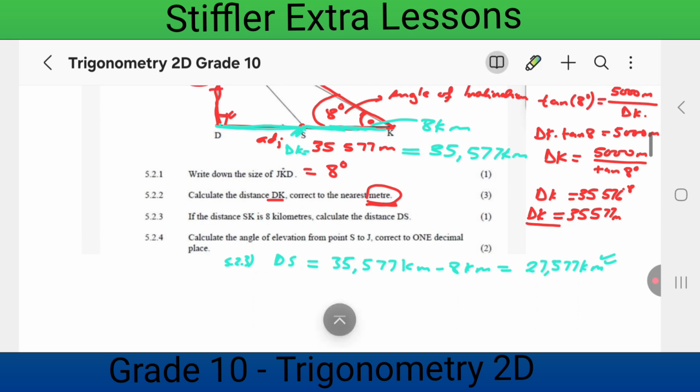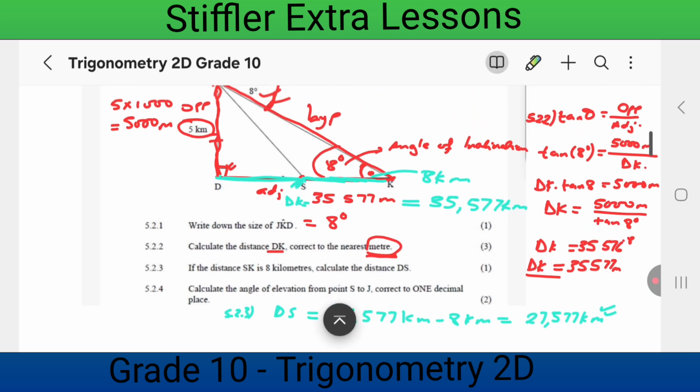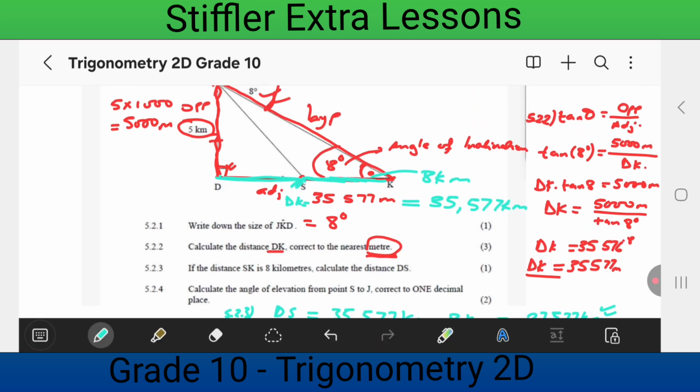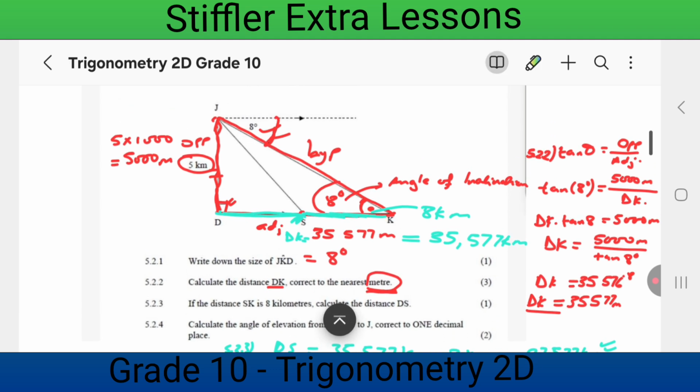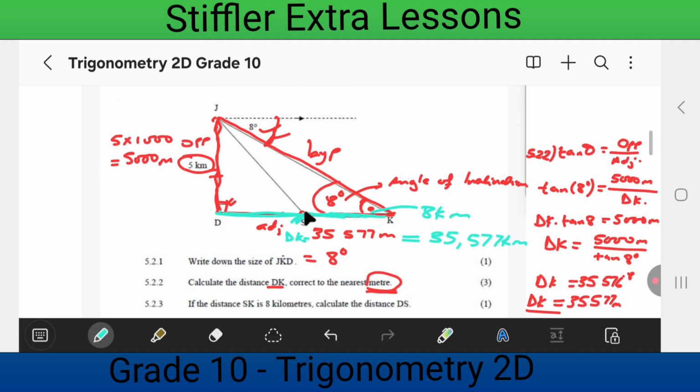Yes, so let's see from S to J. This is our point S, and this is our point J. We know that the angle of elevation is between the horizontal and the line connecting the 2 points or the 2 objects. So this is the angle that we're trying to find. This is our angle of elevation, right? So how do you calculate this angle of elevation?